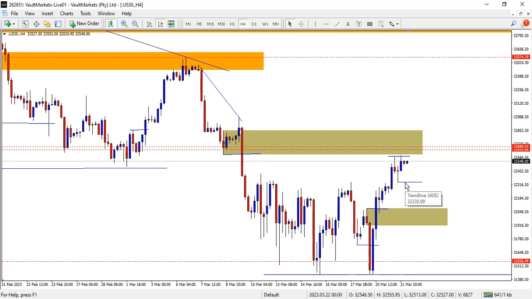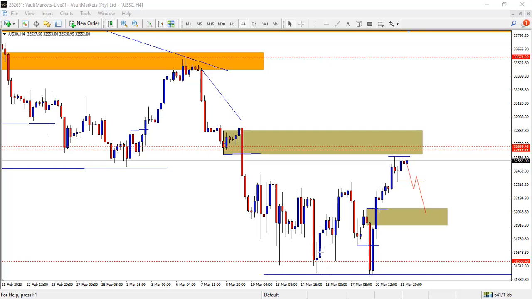Now a break below this will be a take profit. All right, should it happen, of which I doubt. Should we see a bearish move below this candle here, expect this pullback here, all right, and then a sell. This will be your take profit should that happen, but I don't expect that to happen.